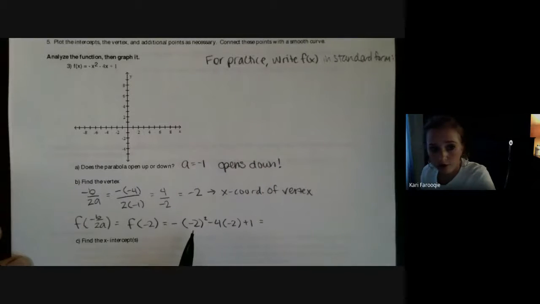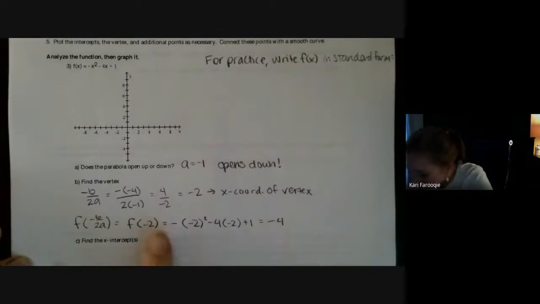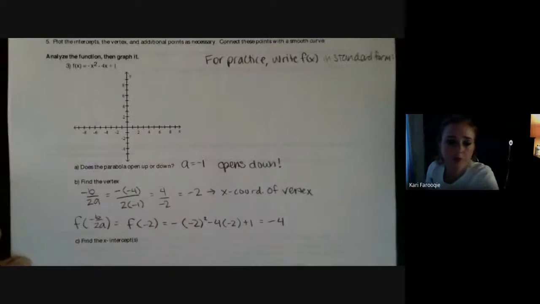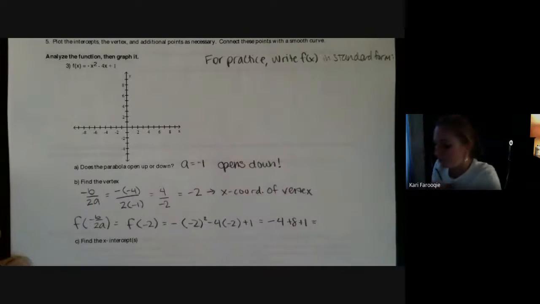-2 squared is -2 times -2, which is +4, but there's still a negative sign in front of that term. So you have -4 plus 8 plus 1.